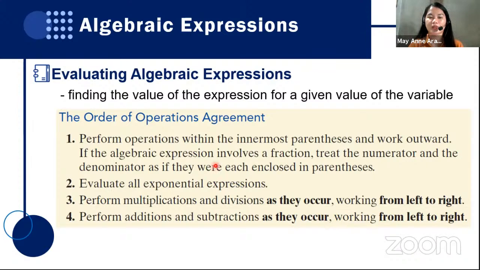If the algebraic expression involves a fraction, we treat the numerator and the denominator as if they were each enclosed in parentheses. After that, evaluate all exponential expressions, and same with the PEMDAS rule, perform multiplications and divisions as they occur from left to right, same with addition and subtraction.